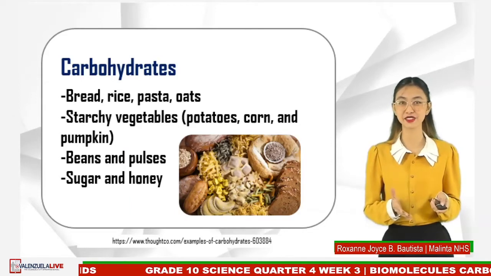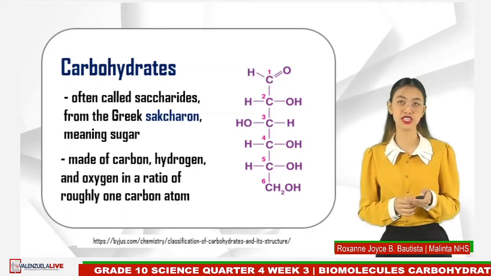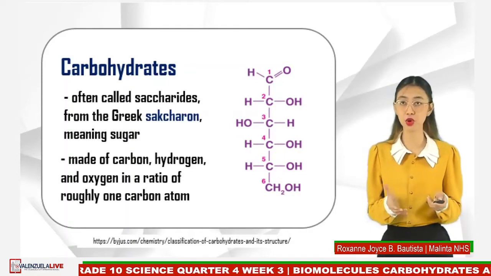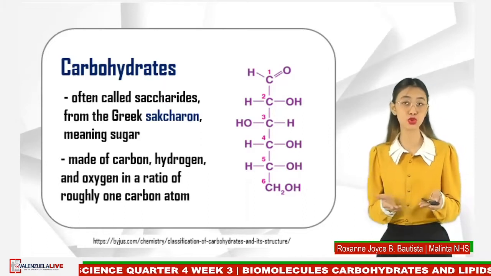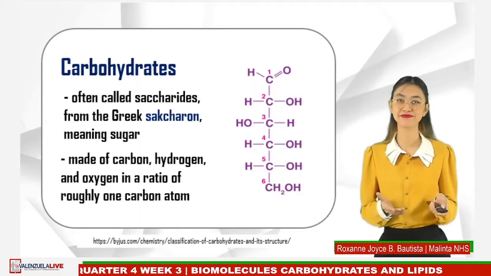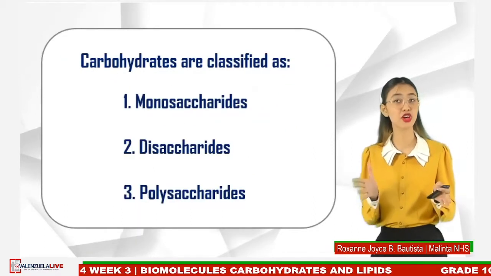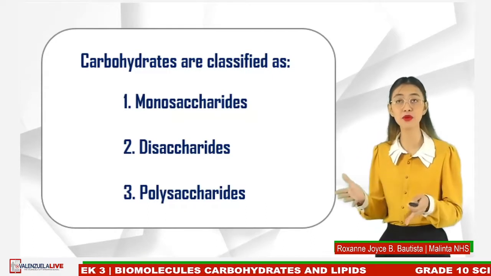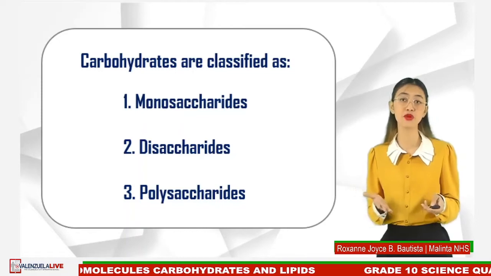In biochemistry, carbohydrates are often called saccharides from the Greek word saccharon, meaning sugar, although not all the saccharides are sweet. Carbohydrates are biological molecules made of carbon, hydrogen, and oxygen in a ratio of roughly 1 carbon atom.